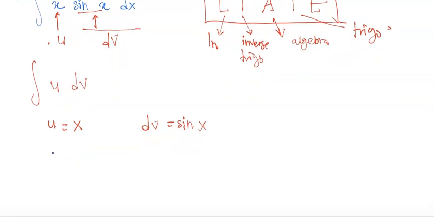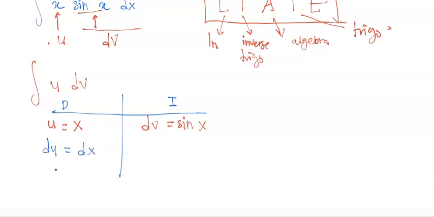Okay, now for the left side, you have to differentiate. For the right side, you have to integrate. You can make a table as well, it's okay. So for u, on the left side, you have to differentiate, which means you have to get du over dx. When you differentiate x, it becomes 1.